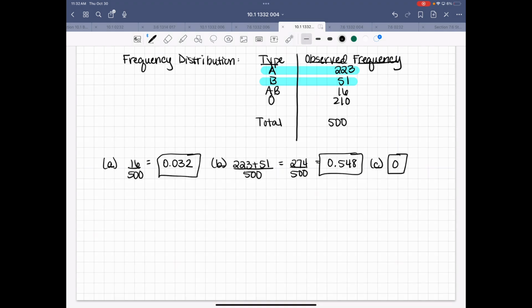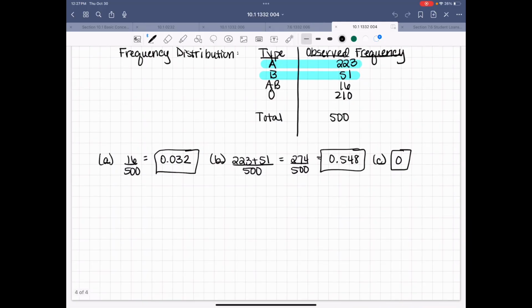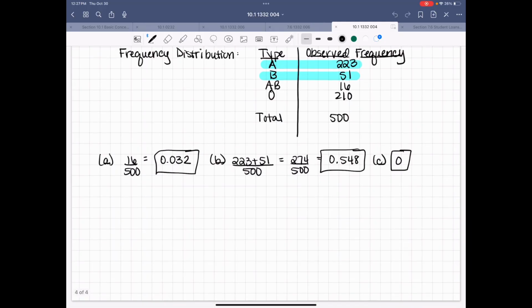You guys can go. I'll write example 5 on there. Okay, so the last one we have, guys, is example 5.